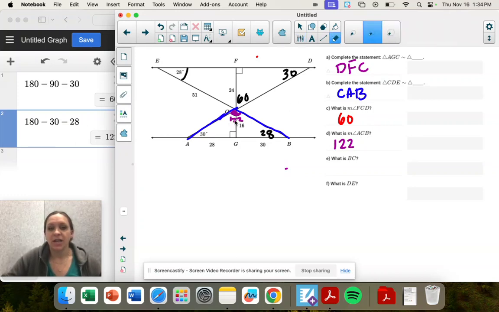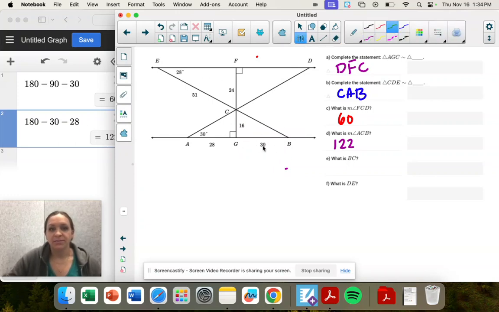Okay, now we're going to look at sides. So what is B C? B C. What is that side length? So we can use similar triangles here. We can actually use the Pythagorean theorem, but I'm going to use the fact that, I'm going to call that X, that this triangle is similar, because that's 28 and that's a right angle, to this triangle.